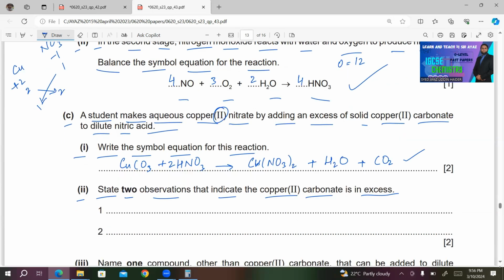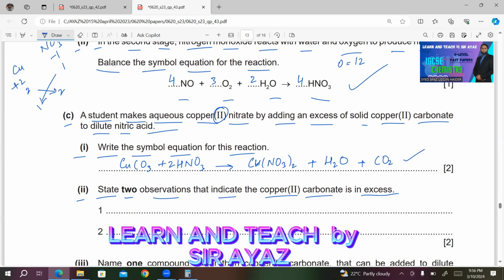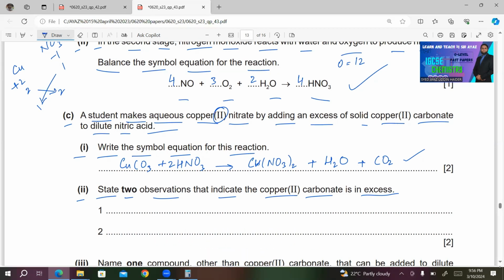Number 2, state 2 observations that indicate the copper 2 carbonate is in excess. No more solid dissolves and the bubbling stops on further addition of copper 2 carbonate.